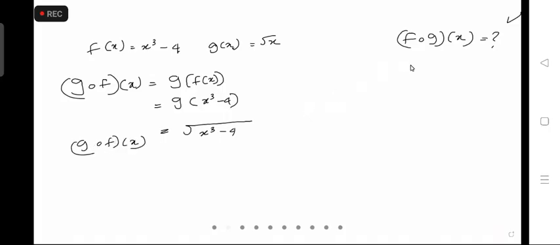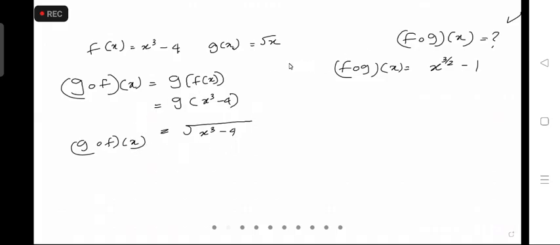So earlier you obtained the equation, but now see the difference.